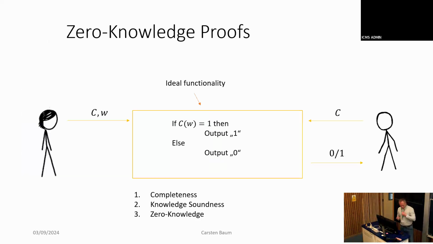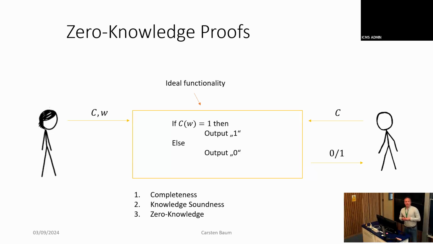Okay. So you saw zero knowledge proofs yesterday, and you saw the standard definition, which talks about indistinguishability and these 3 different properties: completeness, soundness, or knowledge soundness, which was talked about yesterday, the more interesting one, and then of course the zero knowledge property.